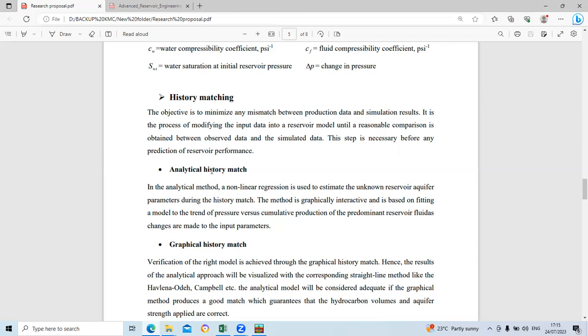Those parameters that we don't trust, we allow the system to do a regression analysis on, within some defined limit.